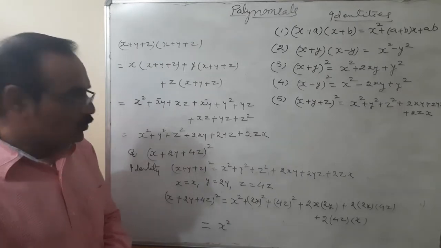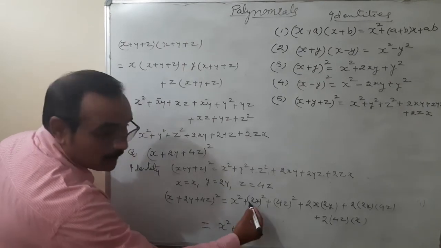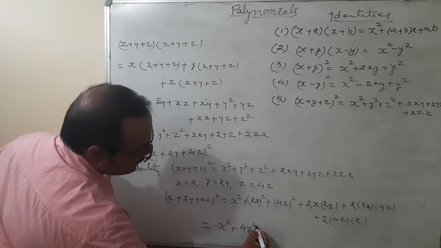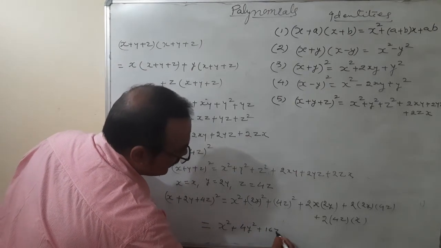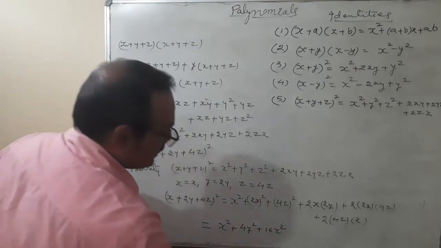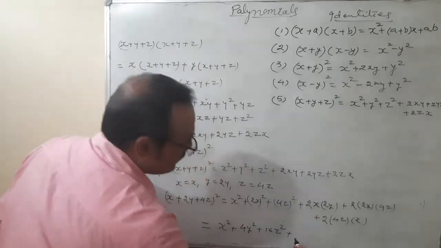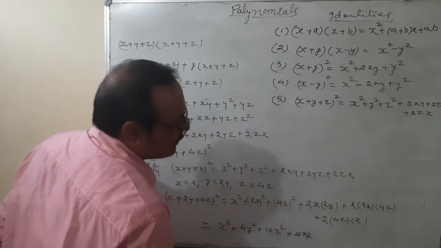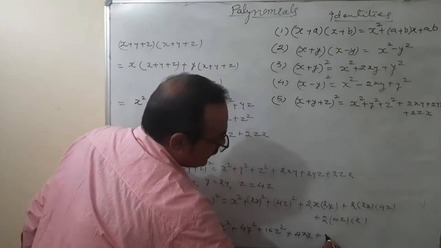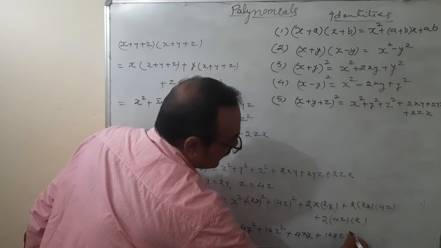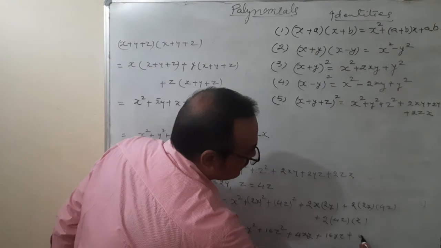So that means the expanded form of this is x square plus (2y) whole square, that means 2 2s are 4, y square. When I open the bracket, 4y square plus 4 4s are 16, z square plus 2 2s are 4, xy, plus 2 2s are 4, 4 4s are 16, yz, and plus, last, 2 4s are 8, zx. 8zx.